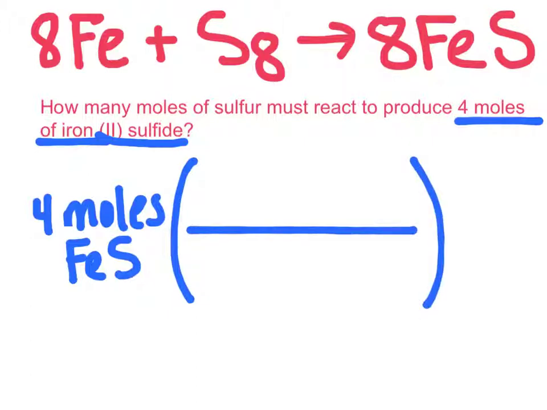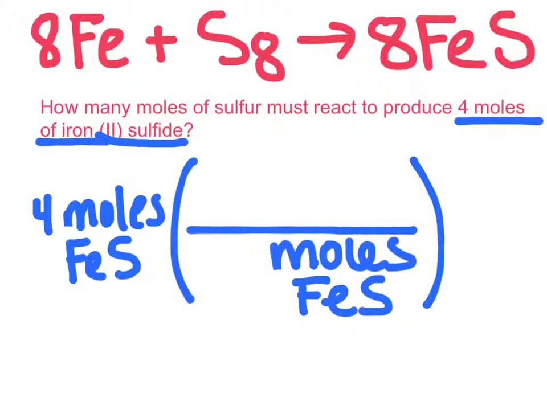Now, the first thought that you should have is what goes on the bottom next. If your first thought was a number, stop. You can't think of numbers first. You'll have such a hard time. What unit and substance go on the bottom because we want them to cancel out? If your thought was moles of FeS, good job.